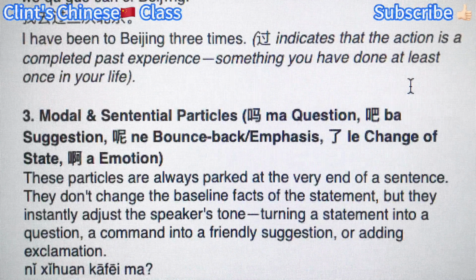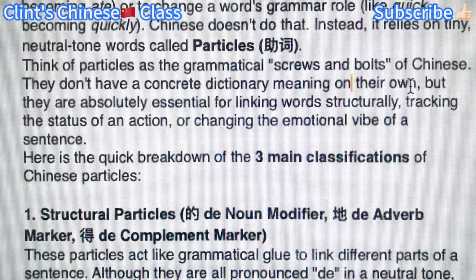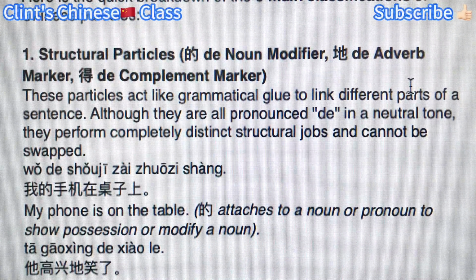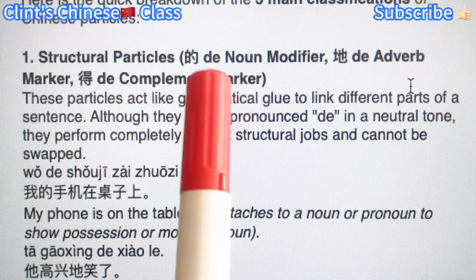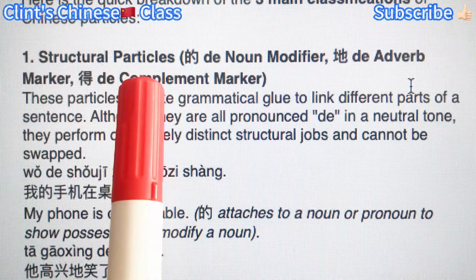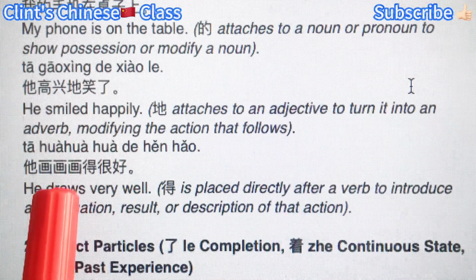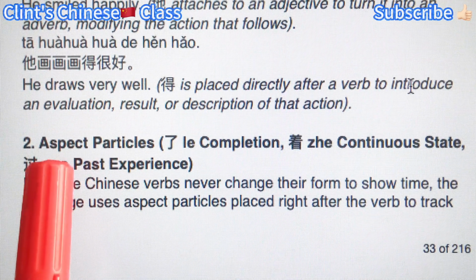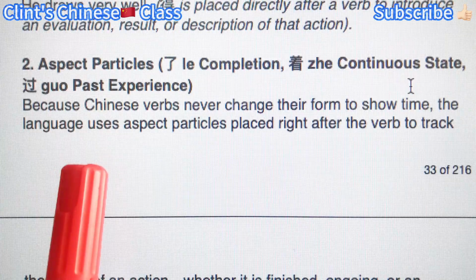Okay, pretty good. These are the three types of particles, and they are commonly used. So the first type are the structural particles, like de, pronounced the same. Modify noun, verb, and indicate degree. Aspect particles like le, zhe, guo indicate the tense, right?